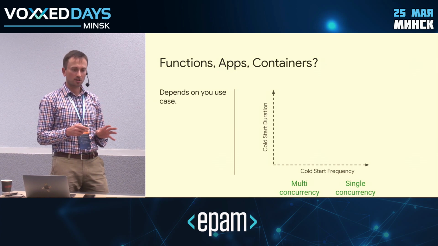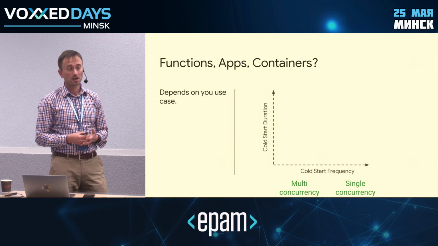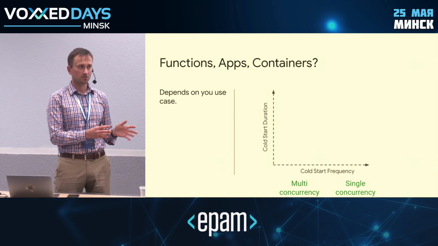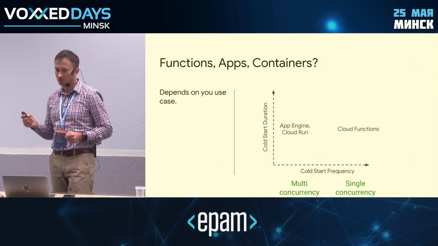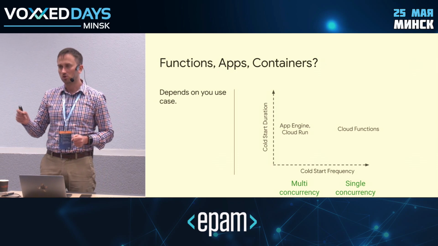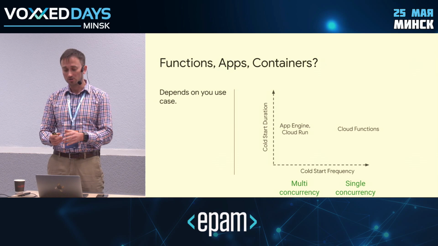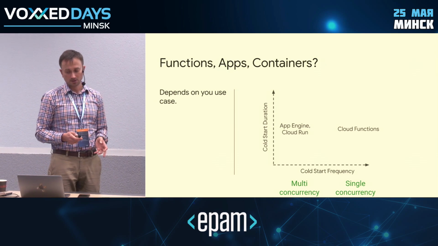On the other hand, in Cloud Run and App Engine, you can configure multiple concurrency, and that's the default. And of course, if there is multi-concurrency, there will be fewer instances. So you can expect that in Cloud Functions, you will actually have more cold starts because there will be more instances. Every instance is single concurrency. On Cloud Run and App Engine, there will be fewer instances.